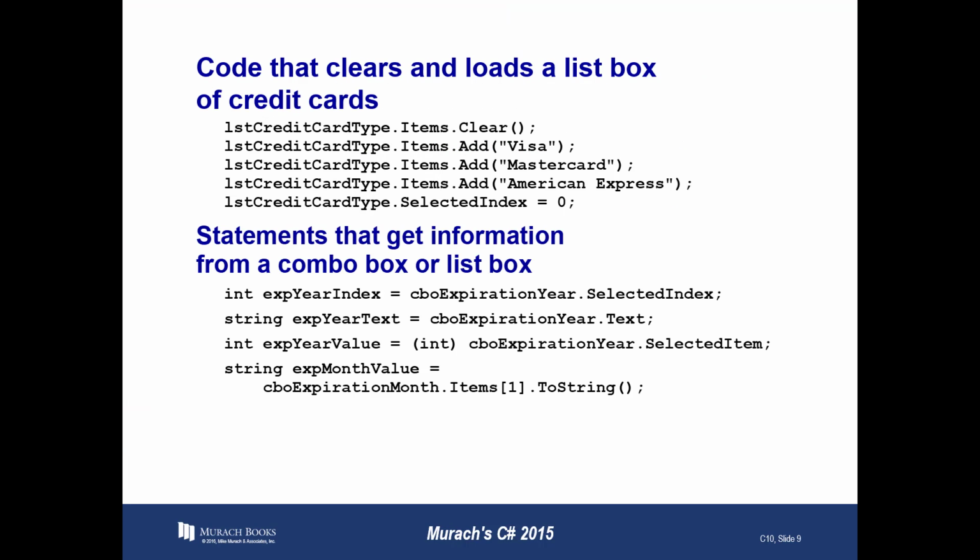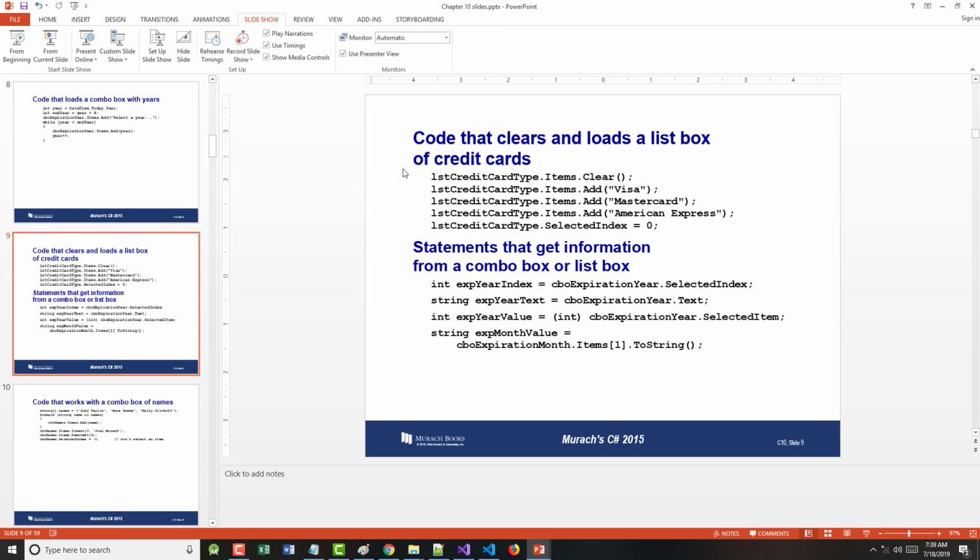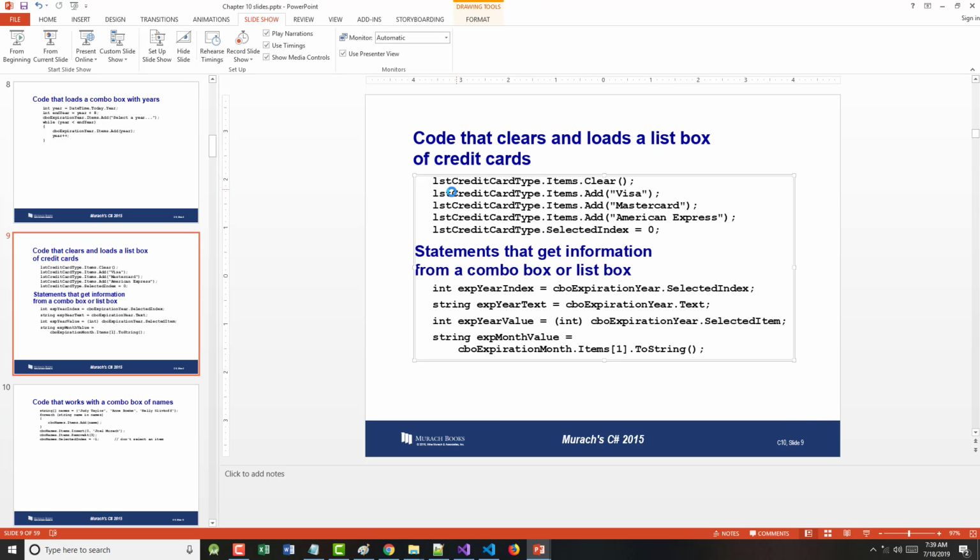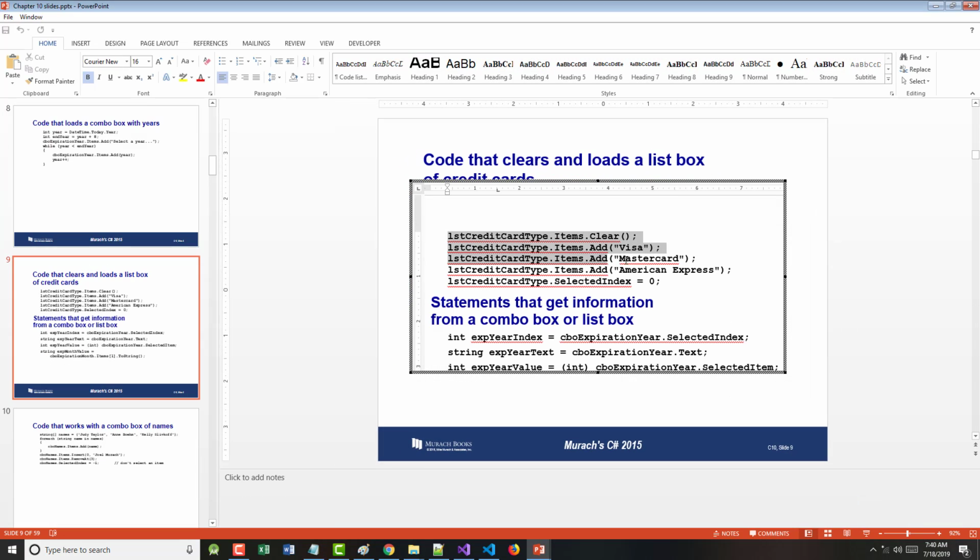So I've already gone through how to clear. I've shown you how to add. All right. To say selected index equals 0 for the list box means that the active one, so to speak, is the first one that's in there. All right, this is all stuff to fill up the list box. Okay, so I guess we'll do the same thing with that. Again, I'm trying to stay true to the code that's in here.